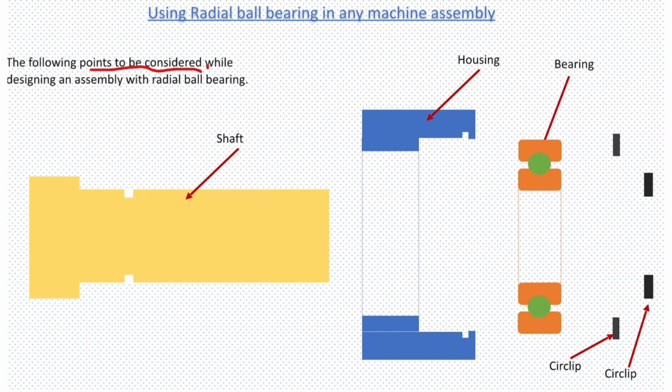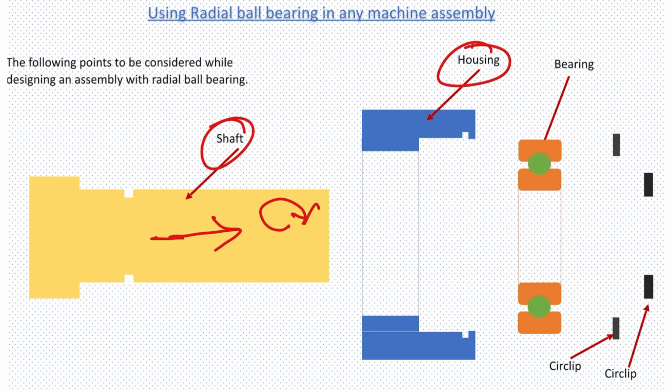The blue shaded part is our housing, and this is our shaft which we want to rotate freely in this assembly. For that we are going to use a simple ball bearing and a circlip. In the assembly we will see where we are using it and why.